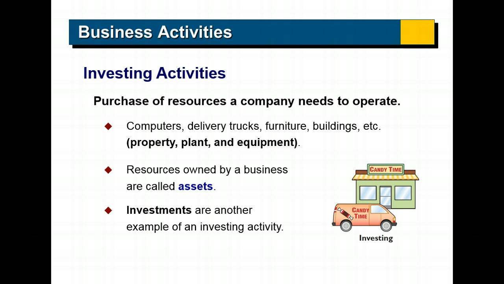We call computers, delivery trucks, furniture, buildings, all of those resources a company owns and controls that will ultimately provide a future benefit because it's going to last longer than today. We call those assets. Assets are resources that a company owns or controls.